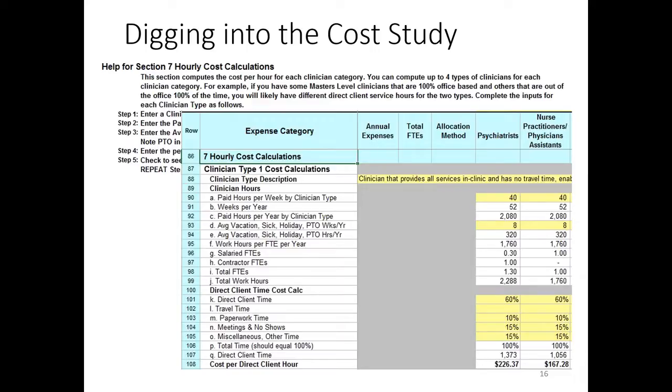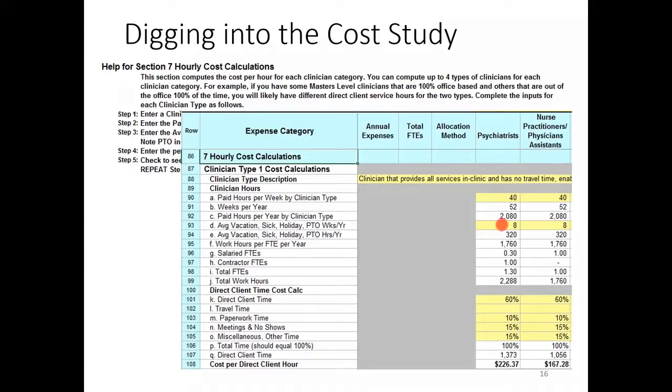In section 7, what we're looking for is really quite simple. We're looking for how many paid hours per week each clinician type works. So this organization, in my example, has a 40-hour work week. We're looking at the average vacation, sick, holiday, paid time off weeks per year.